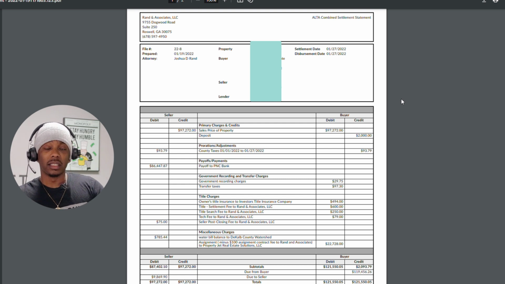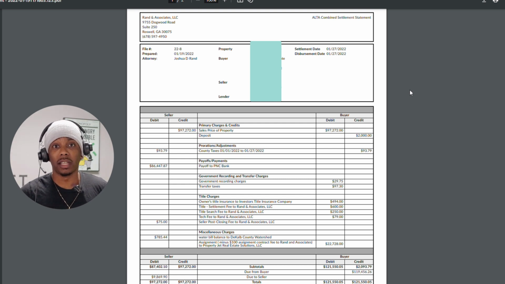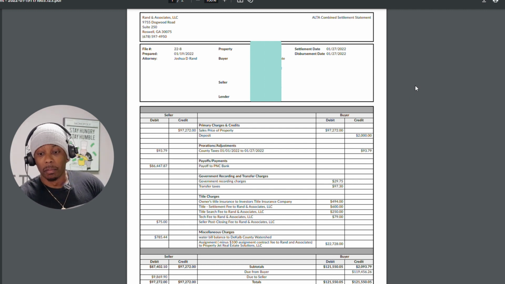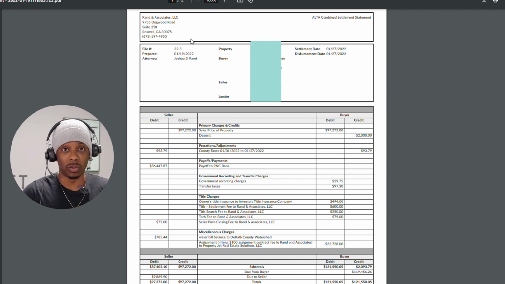So as we look into this settlement statement, one thing I want to note is that not all settlement statements will look the same. Depending on the closing attorney or title company, they will have different formats, but all of the information housed on these documents is going to be exactly the same. In this example, it's broken up into different sections, which is pretty easy to read.